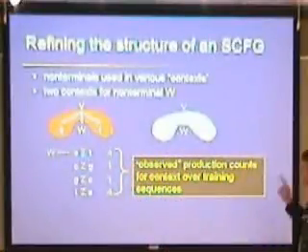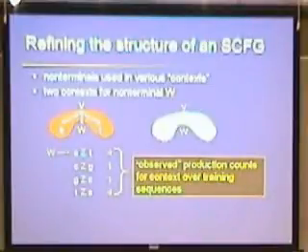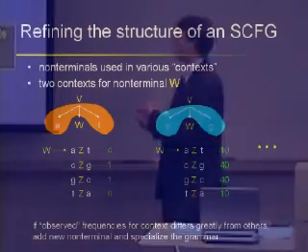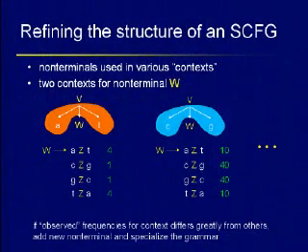I put observed in quotes because we don't have fully labeled data. We don't have parse trees. We just have sequences, so these are more like expected counts. We do that for all of our different contexts, all the different contexts for W and all of our other non-terminals.